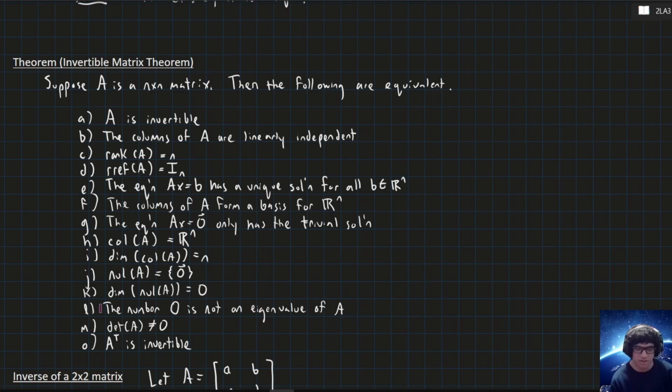Did I say that right? If 0 is not an eigenvalue of A, then A is invertible. The converse of that is that if 0 is an eigenvalue of A, then A is not invertible. That's the correct way to say it. We want the determinant to be non-zero. And we want the transpose to also be invertible.